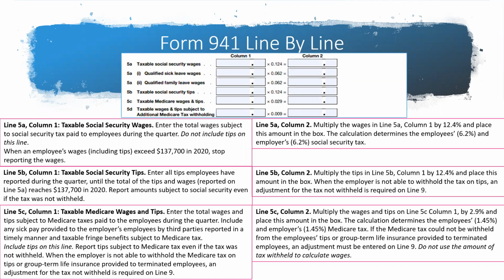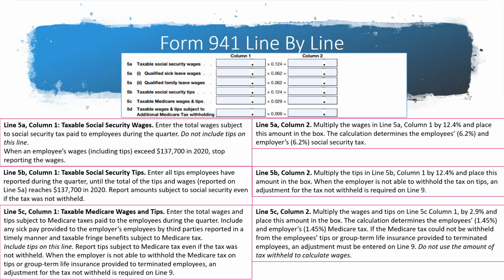So then column 2, you're just going to do all of your calculations. Once you have your taxable wages in column 1 for each of these lines, you're going to multiply by what they tell you to multiply by to get your tax for column 2. I will point out that line 5A is being multiplied by 0.124, which is the combination of the employee as well as the employer share of Social Security.